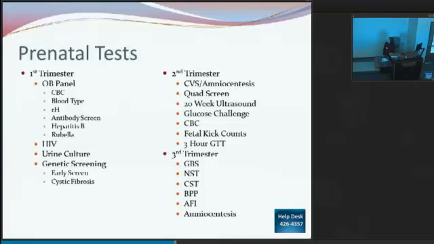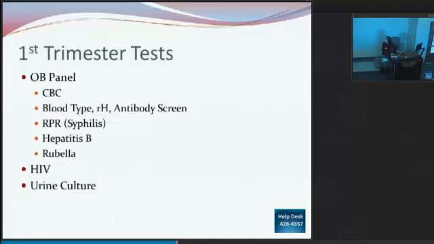In the second trimester, there's more genetic screening that we can continue to do if the mother would like to. It's not required. We do a 20-week ultrasound. We check for gestational diabetes. We talk about fetal kick counts. And in the third trimester, we always do a Group B strep screen on moms. The rest of those tests are dependent on what's going on with the pregnancy. So we'll talk about each one of those.